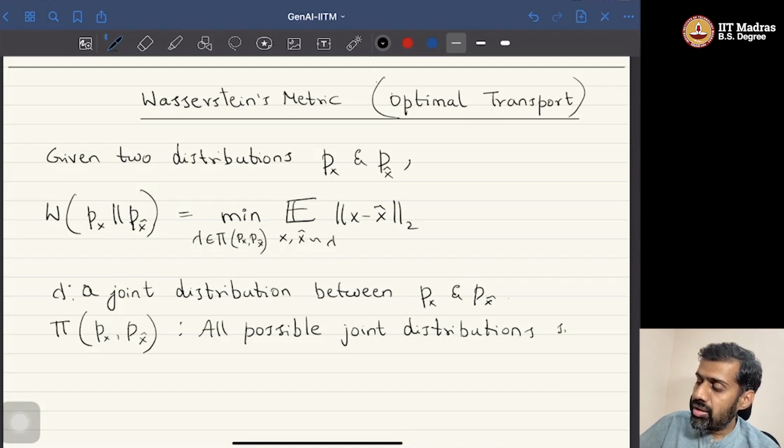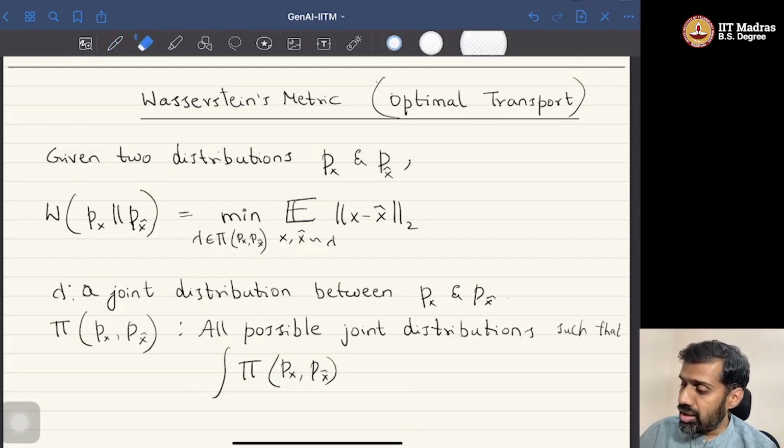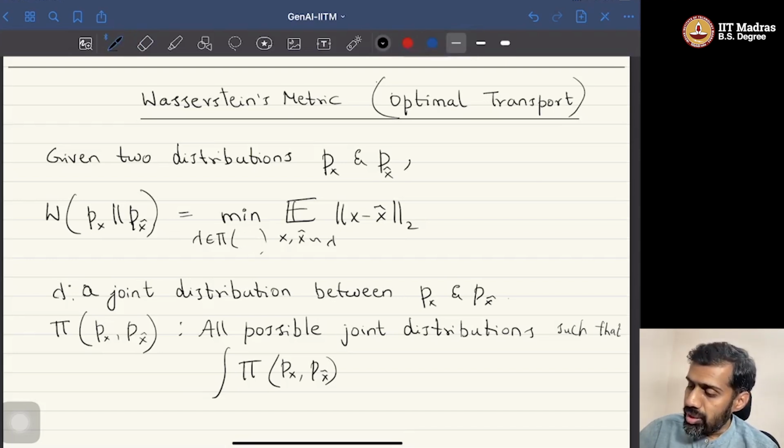Such that the marginal of this joint distribution over x and x cap. It may be convenient to write it as x comma x cap, because if it's a joint distribution that we are talking about, it's always better to write it this way.